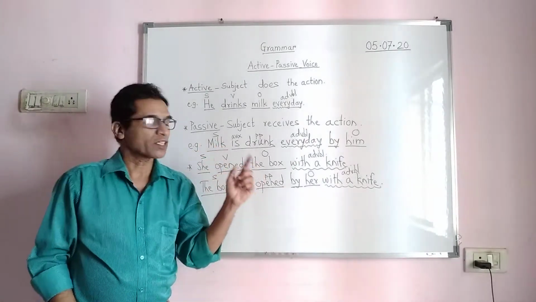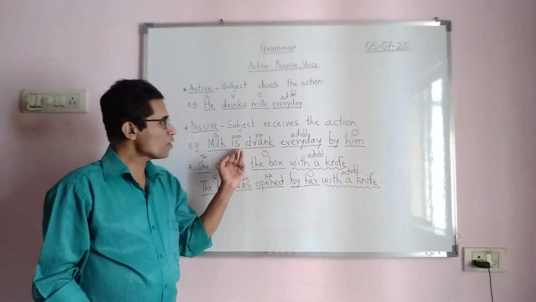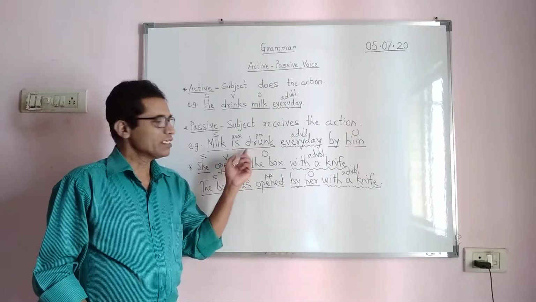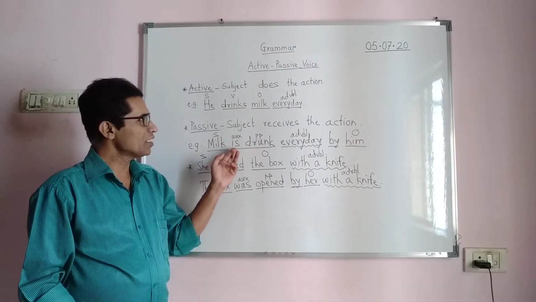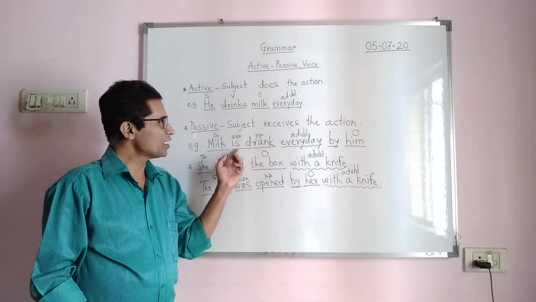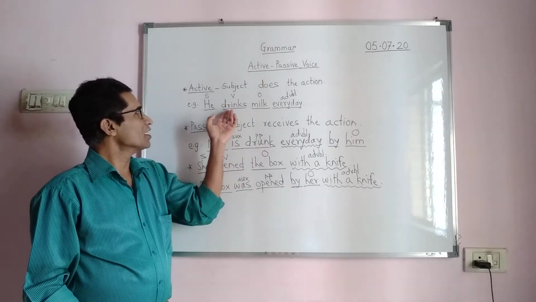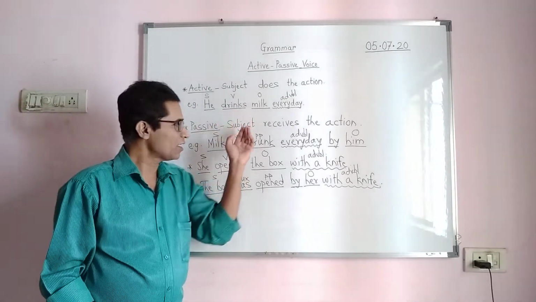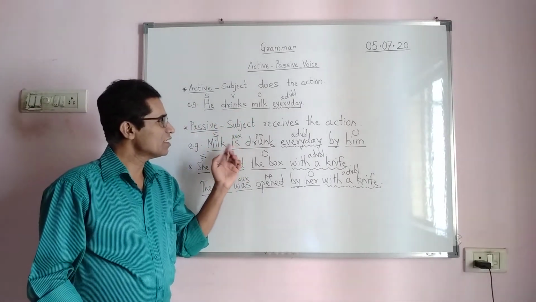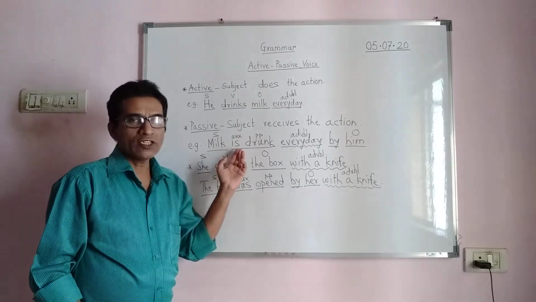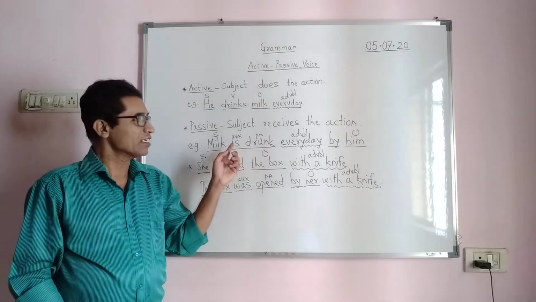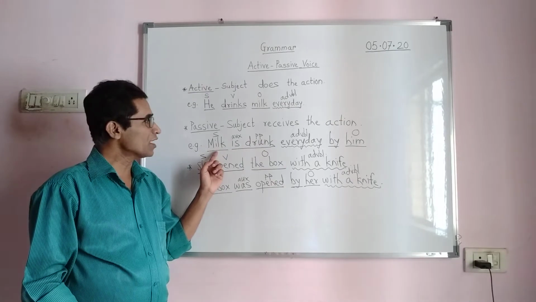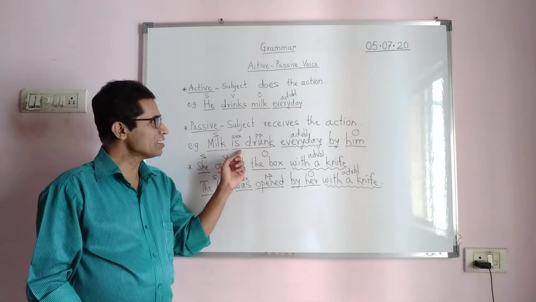After that, you have to take an auxiliary. Here the auxiliary is is, because the verb in active voice is in present tense. That is why is, the auxiliary or helping verb, is taken here. It is suitable to milk. Milk is drunk.